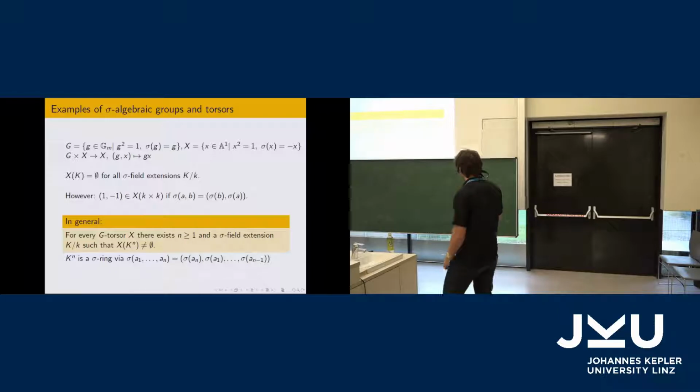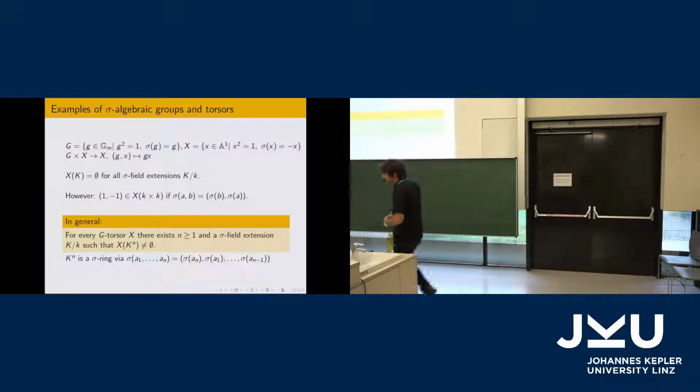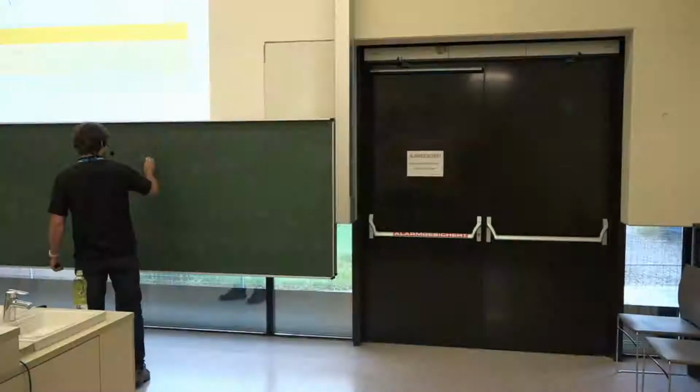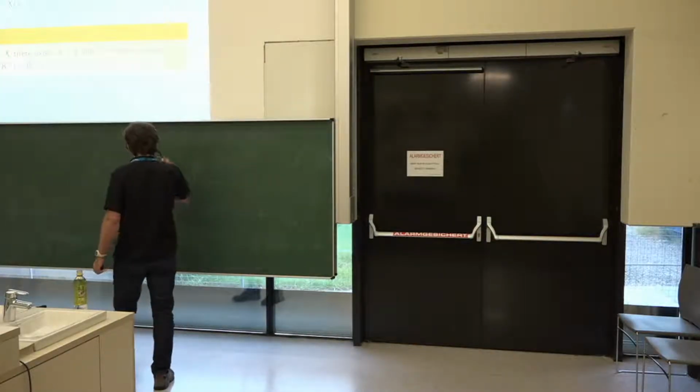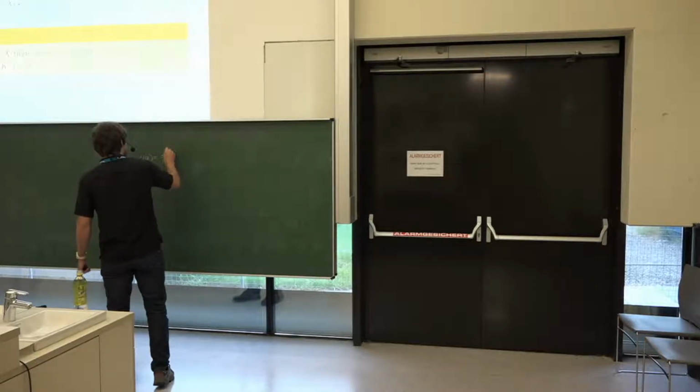But there's also another kind of example, which is, for example, the unitary group, where we have sigma of g is, so one way to write it is like this.